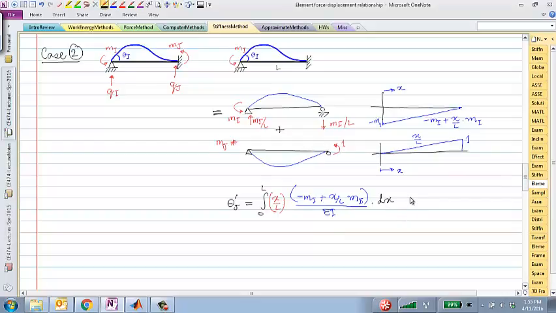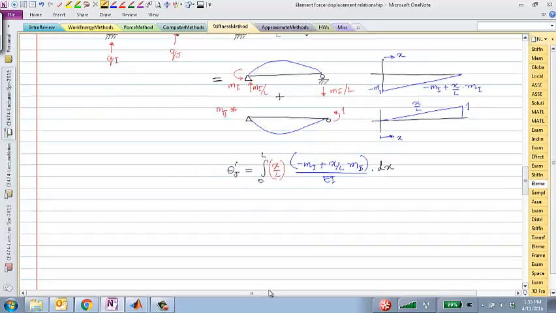And that would be equal to, let's see if we can simplify this. I'll pull out minus mi over EI, and 1 over L also comes out.